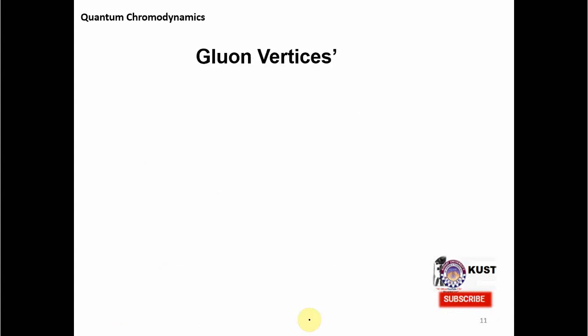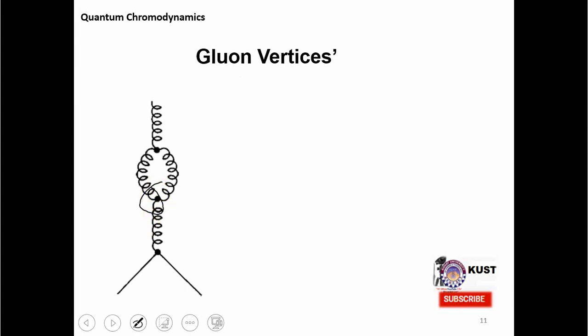As I already said, gluons also carry colors, so they must also interact with each other, giving us the gluon vertices, pure gluon vertices. Here you can see this is a gluon vertex, and this is a gluon vertex. In this case you see 3 gluons here and 3 gluons here. These gluon vertices play a very important role in determining the strength of the strong nuclear force.